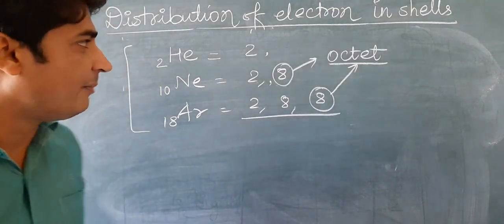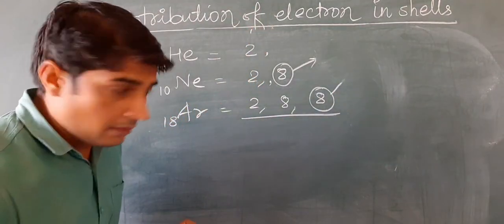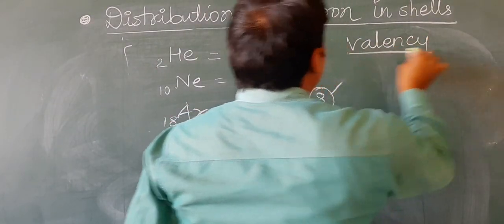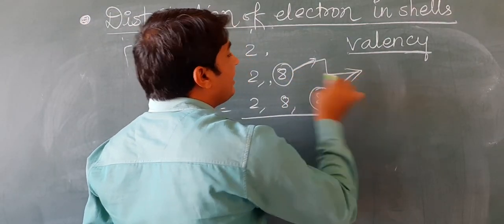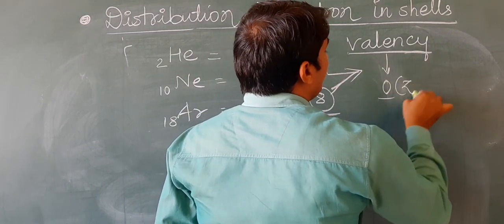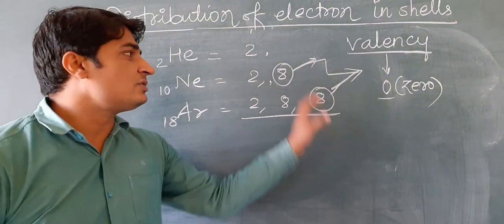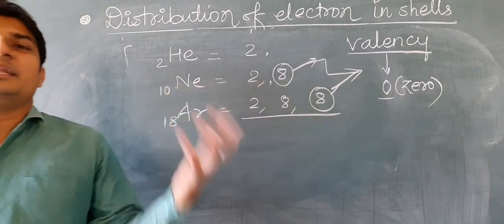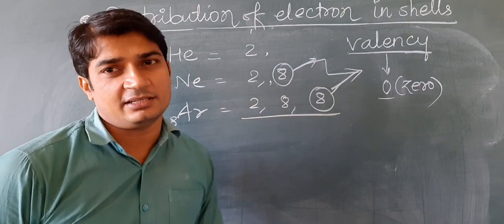The combining capacity is called valency. So the valency for these elements which have a complete octet is 0. Why is the combining capacity 0? Because they are already stable. They do not react or interact with other atoms.